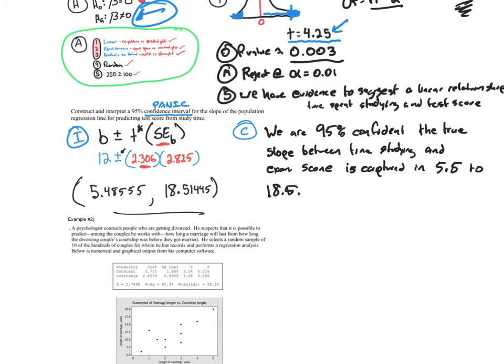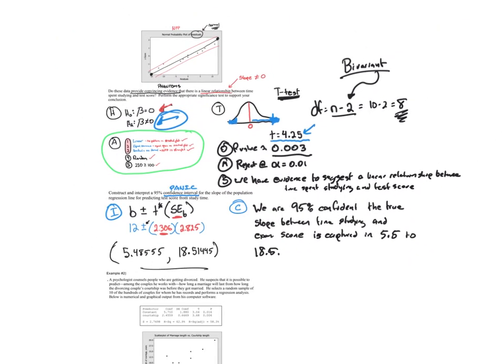So just change up the wording a little bit, but the same thing. We're 95% confident that this interval captures the true slope between studying time and exam score. And we got it. Okay, that's it right there. There is the overall. That is phantoms and panic together.